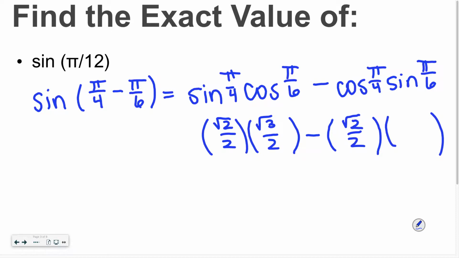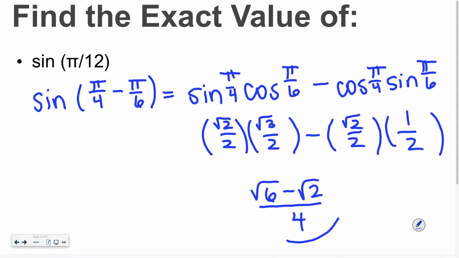Radical 2 over 2. And sine of pi over 6? 1/2. So we have radical 6 over 4 minus radical 2 over 4. So I'm going to go ahead and write this as radical 6 minus radical 2 all over 4, since they have a common denominator.